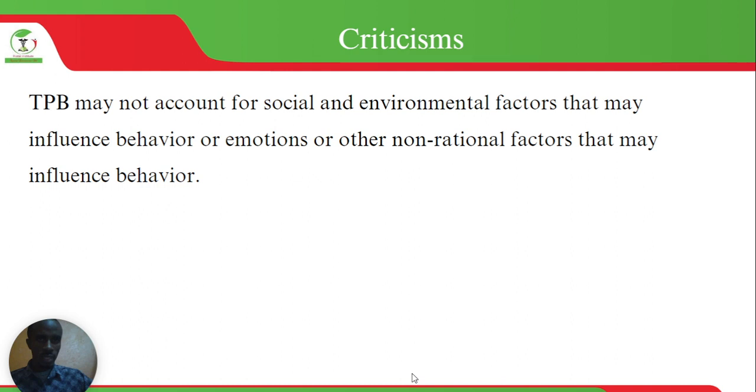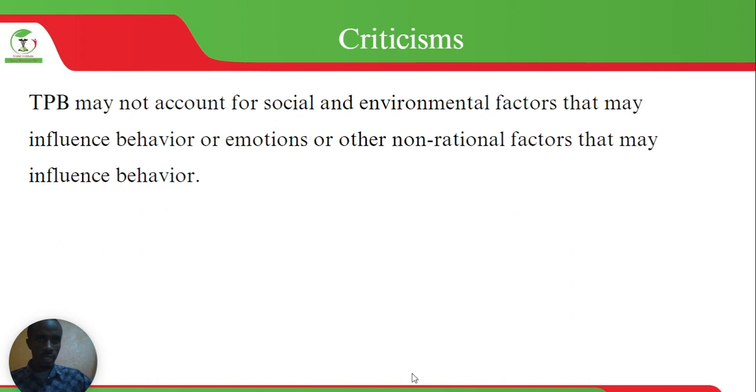Then the other theory that we had introduced last time, but we didn't go further to talk about it, is the social cognitive theory, and this was put forward by one of the greatest psychologists called Albert Bandura, and he proposed that behavior change occurs through reciprocal interaction between an individual's factors, environmental factors, and behavior.